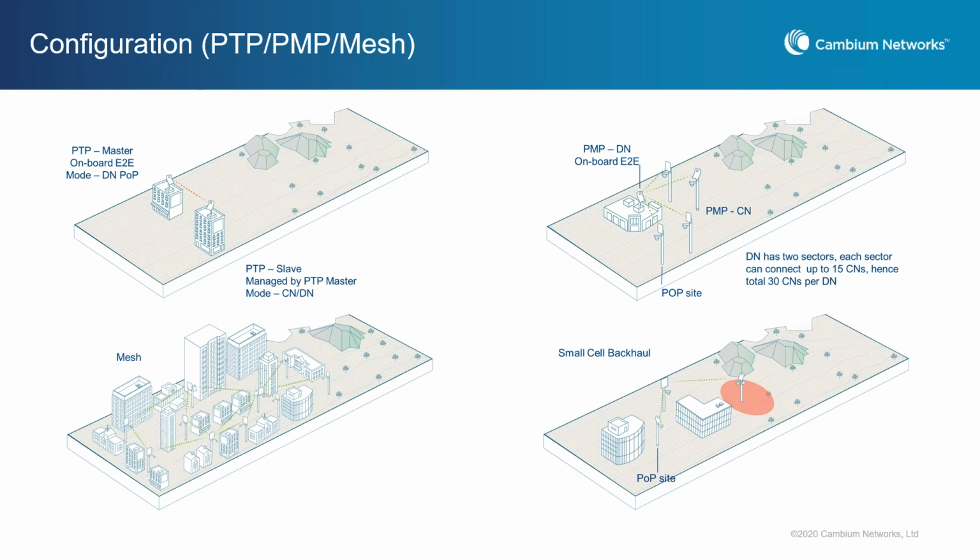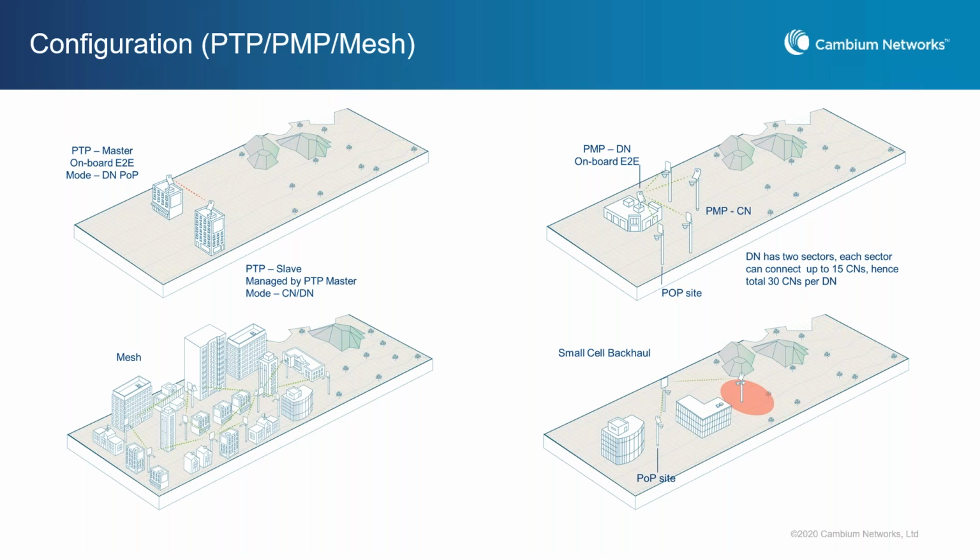The last one we want to point out: we mainly talk about the fixed wireless broadband service. We talk about smart city, Wi-Fi backhaul. 60 GHz can also be a good solution for small cell backhaul for cellular networks.